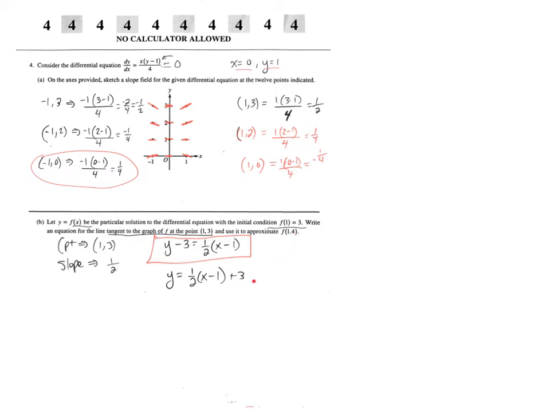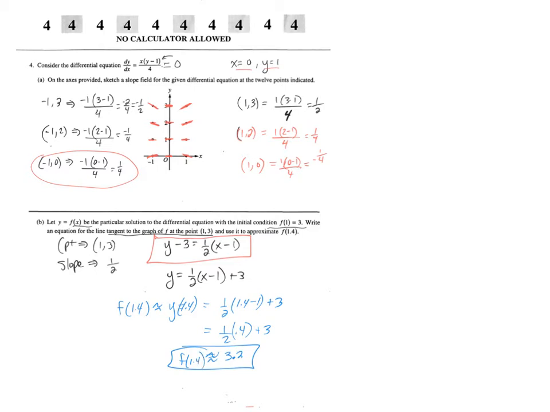So all that means is you're going to plug 1.4 in for the x value, and I'll do that in blue. f of 1.4 is approximated by y evaluated at 1.4, which is 1/2 of (1.4 minus 1) plus 3, which is 1/2 of 0.4 plus 3, which is 0.2 plus 3, which is 3.2. So we could say f of 1.4 is approximately 3.2.